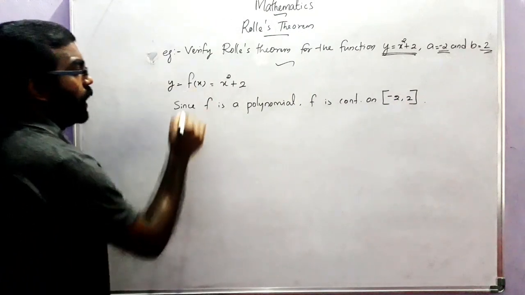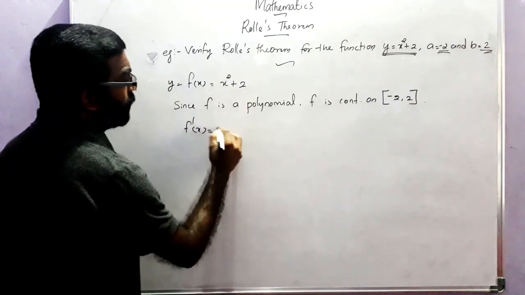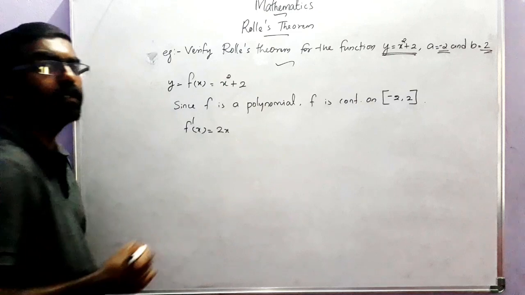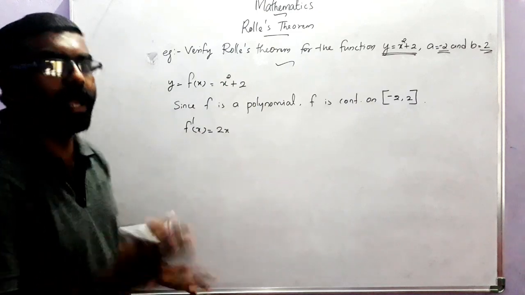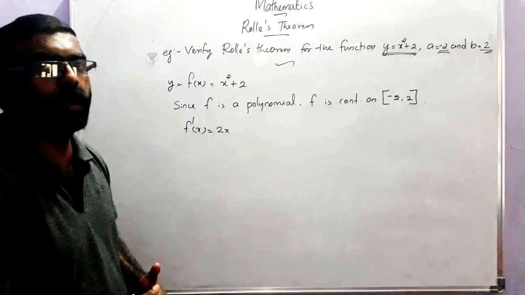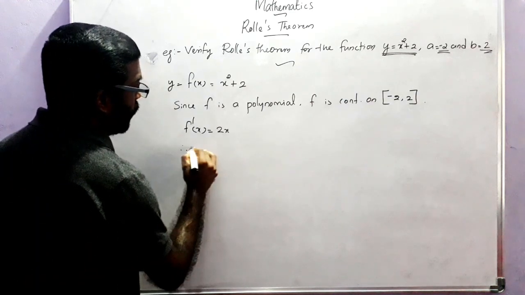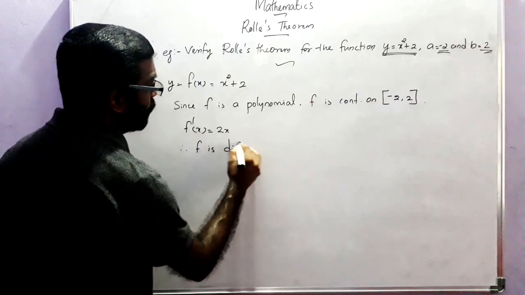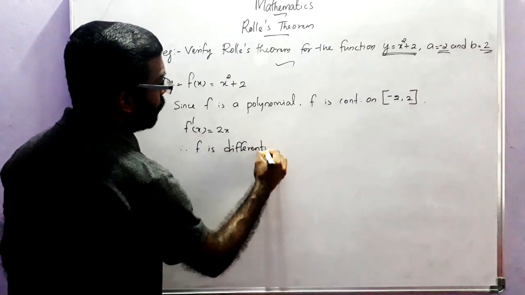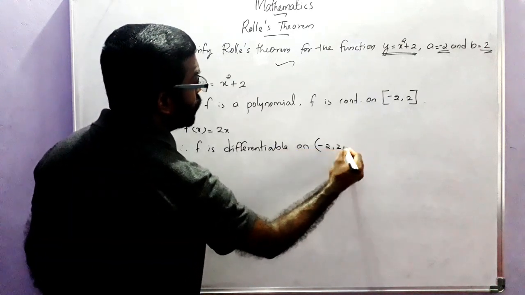Now we can take the derivative. f dash of x is equal to 2x, since the derivative of x square is 2x and the derivative of 2 is 0. That means we can find the derivative, so the function is differentiable. The derivative exists. Therefore f is differentiable on open interval (-2, 2).